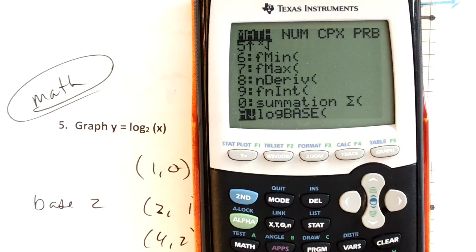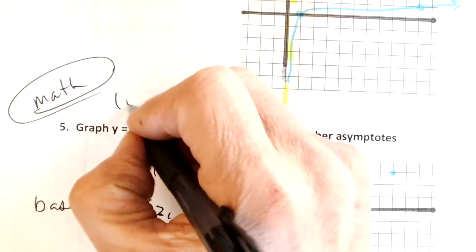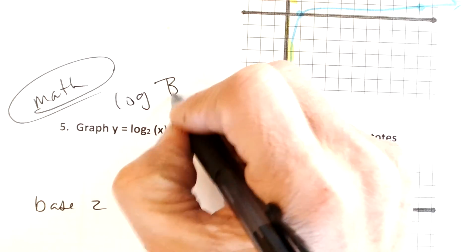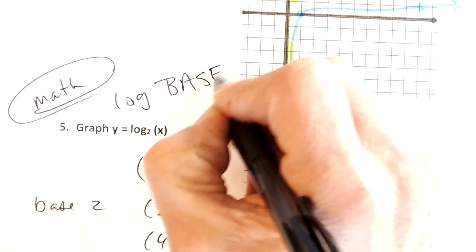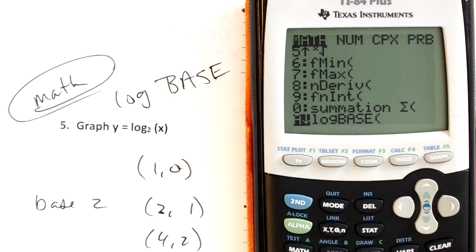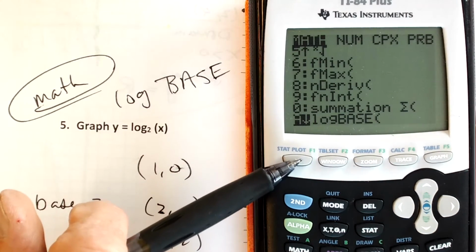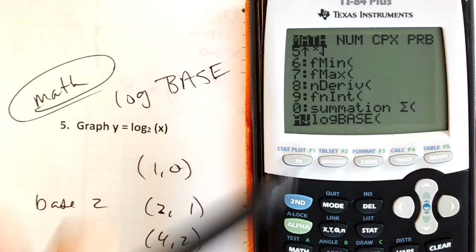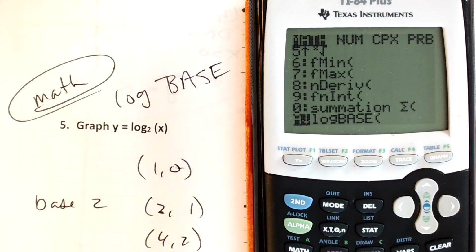Okay, log base. So I'm going to go hit them all. Then I'm going to go find log base. Okay. Edie, how am I doing? Am I going too fast? Probably. Okay, so Edie, I went y equals. Then I went to the math. And I went all the way down to log base.